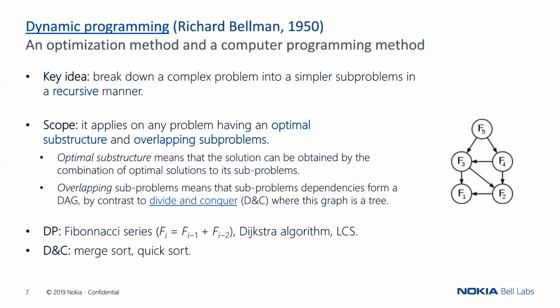What is important in dynamic programming, and this is the main difference between dynamic programming and divide and conquer, is that in this recursion, you might reuse some intermediate steps. So, for example, assume that you consider a Fibonacci series. The definition is here below. Fi equals fi minus 1 plus fi minus 2.